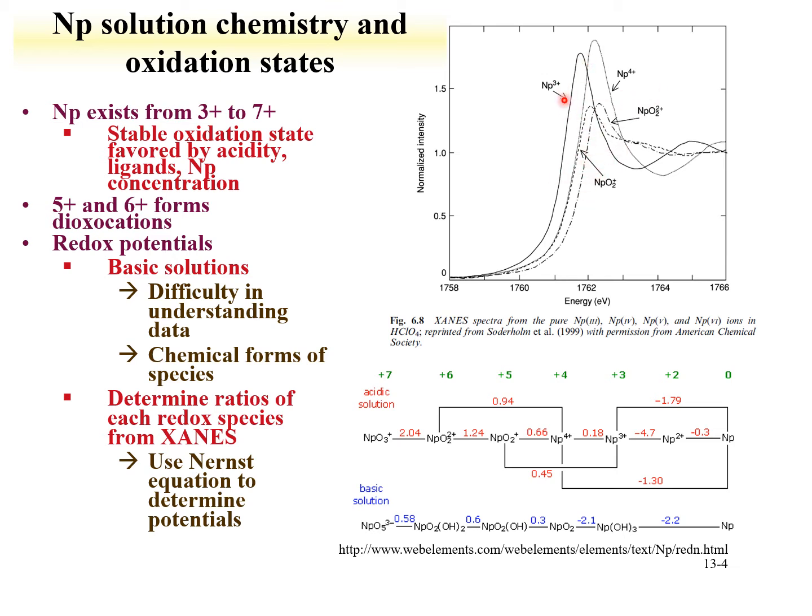We see the Neptunium-3 absorbs early, and the 4, the 5 and the 6 have a behavior that's indicative of this oxygen. This information can be used to determine the ratio of different oxidation states in the solutions examined, and by using the Nernst equation, the redox potentials can be determined.